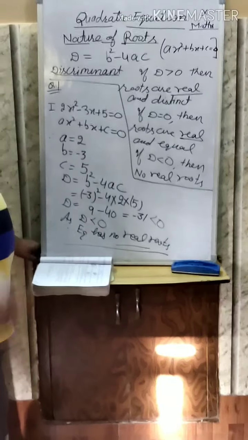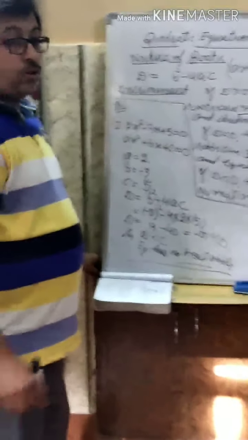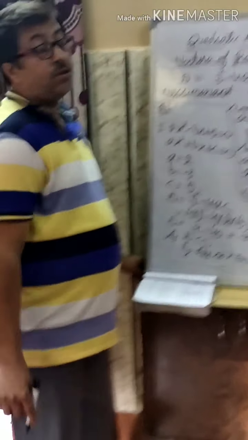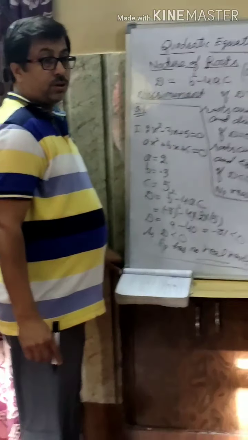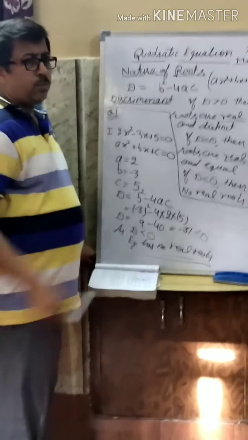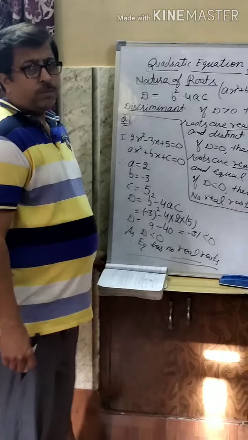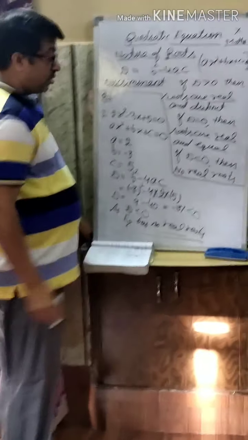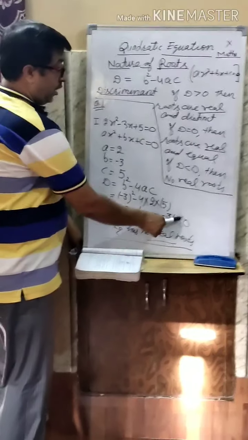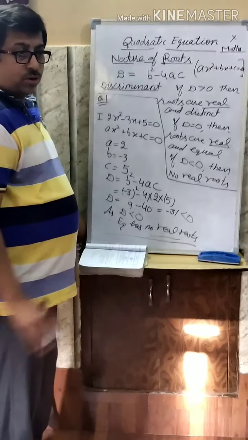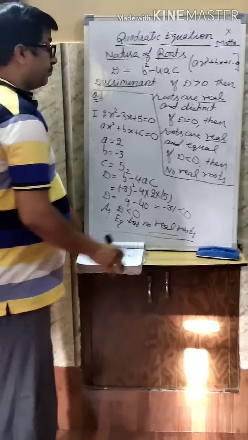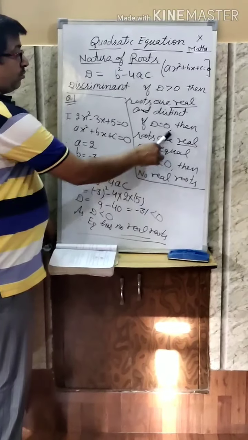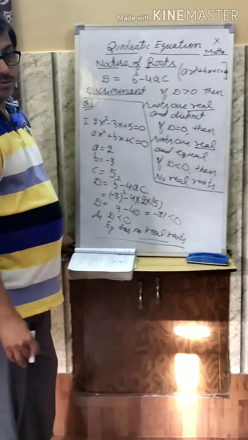No need to find out. We can find them in 11th class. If D is negative, then complex numbers are there, and with the help of iota we can find them. But here in 10th class, if D is negative, less than 0, there are no real roots. In your 10th class syllabus, you can find only the real roots.